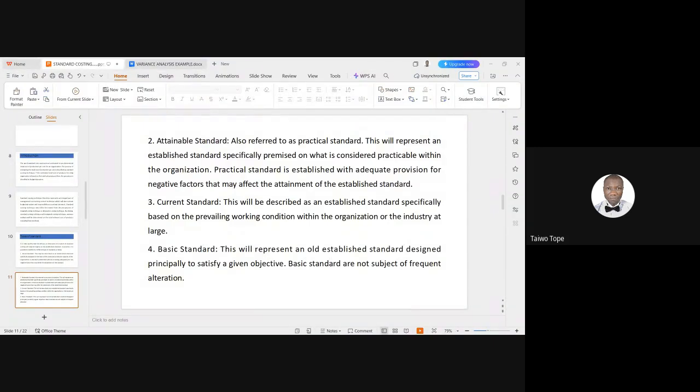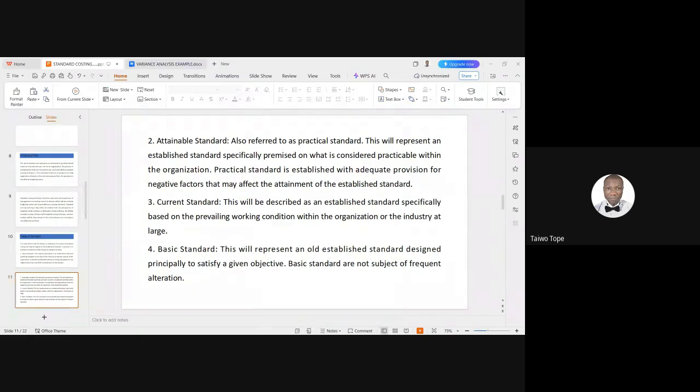Based on the slide, I said these will represent an old established standard designed principally to satisfy a given objective. Maybe the organization has a certain mission statement, vision, and objective, and they want to keep the standard that has been set over time. This does not change because they are always looking backward, remembering the good old days, and making sure the standard is sustained.